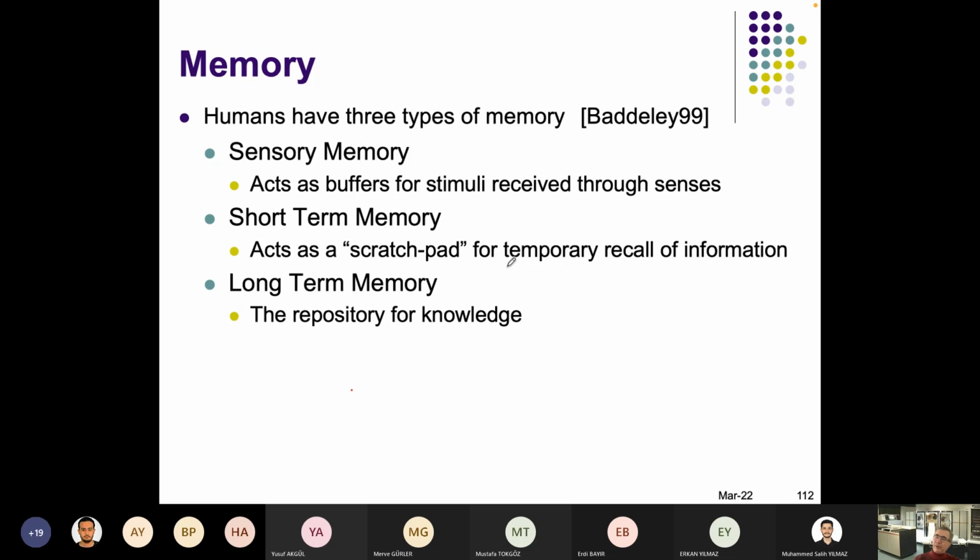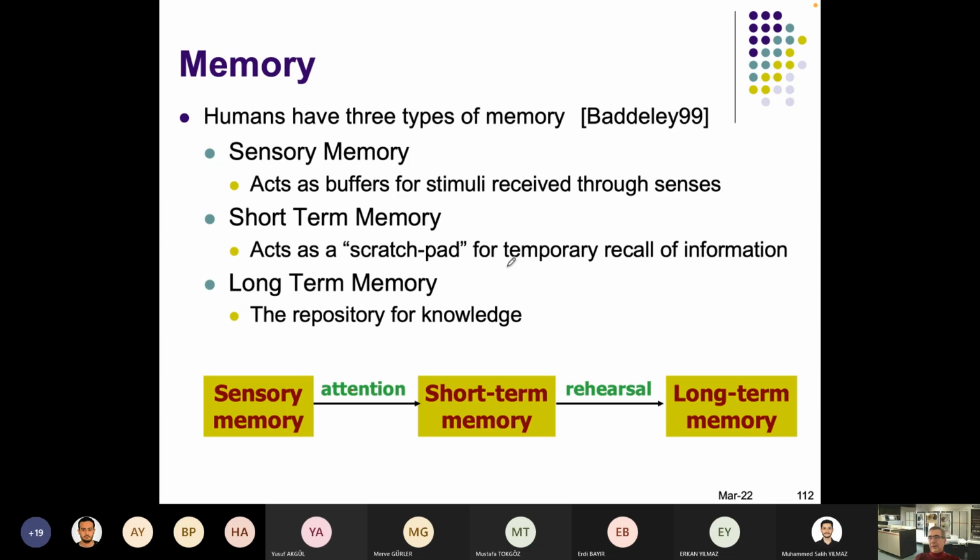Information basically flows from one to another, starting from the sensory memory through attention. You look at that, and then the information is transferred to short-term memory.